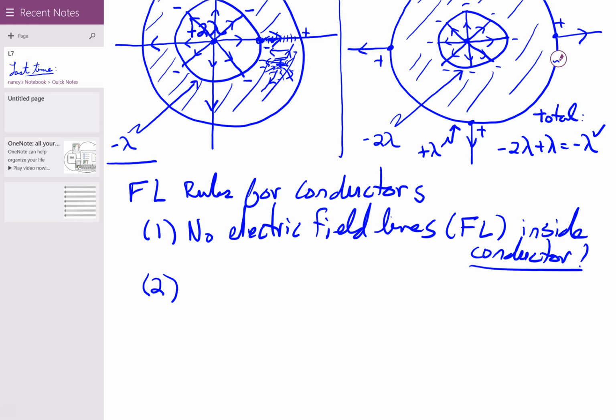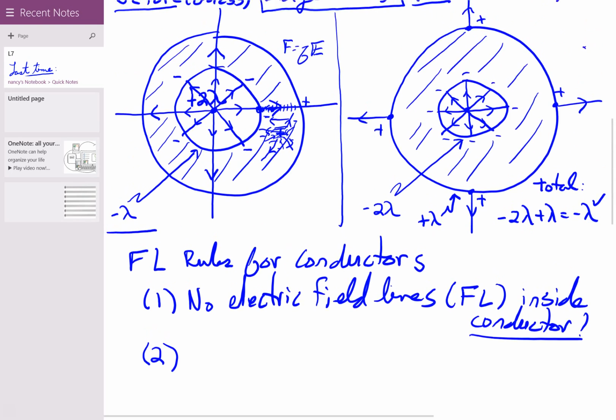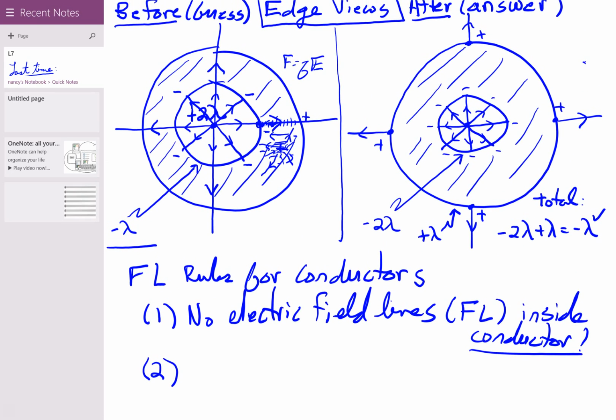That was the second thing that we were at some pains to really understand well, which was not only that there were no field lines left over inside of my conductor, but also that there were no uncompensated charges in the interior of the conductor.